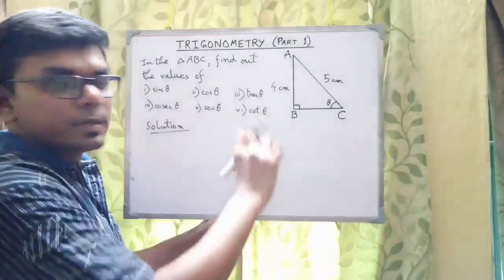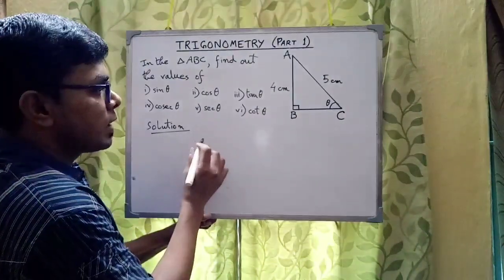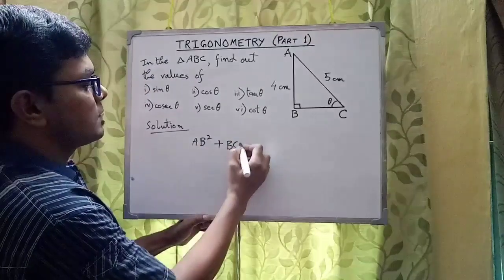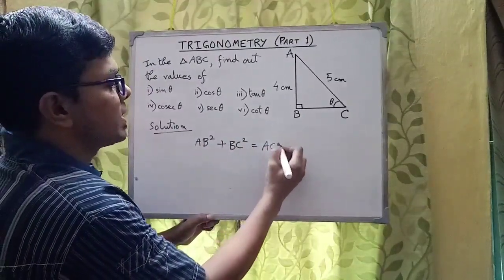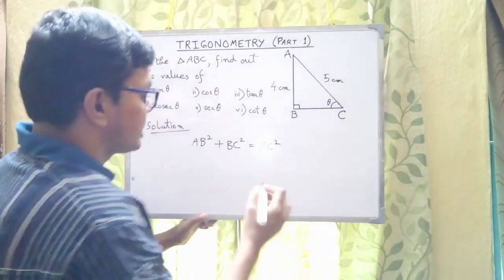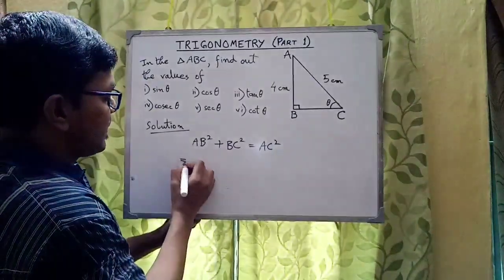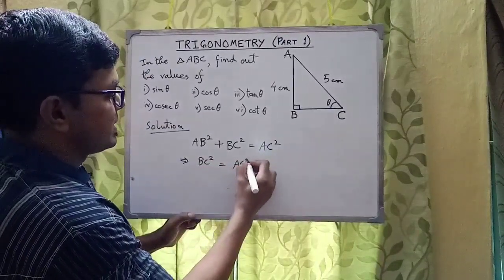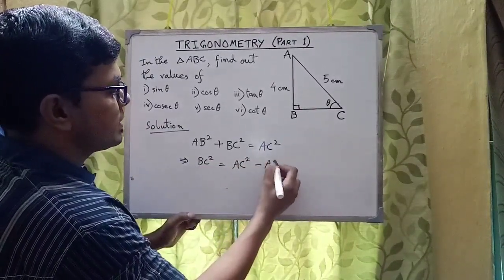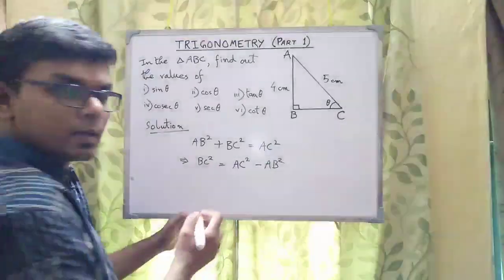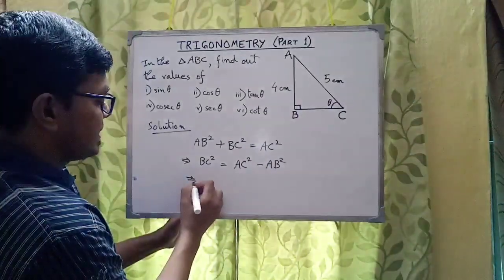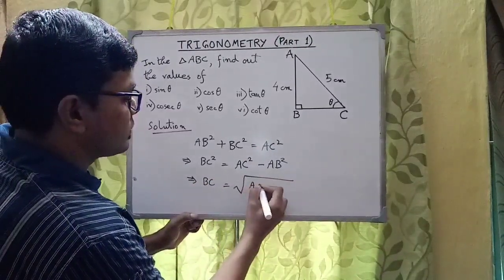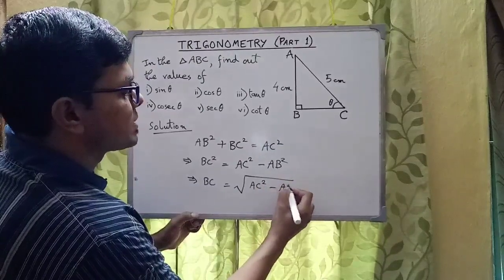Since BC is not there, BC must be found. Now we know that AB square plus BC square equals AC square. This is by Pythagoras theorem, or this implies that BC square equals AC square minus AB square, right? That implies BC equals square root of AC square minus AB square.